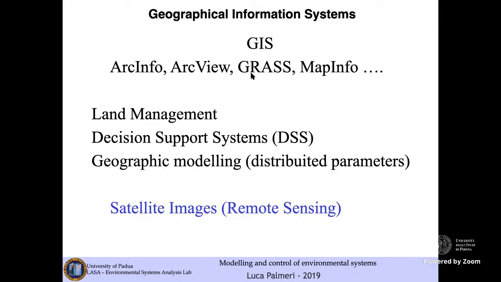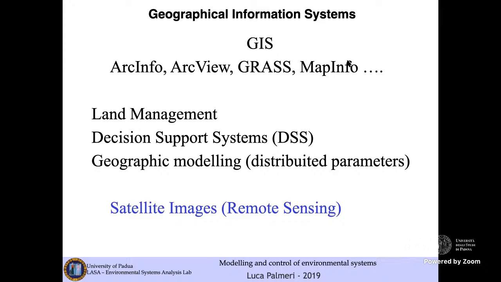And in particular, the application we are going to look at today is geographic modeling, that in our language may be defined as distributed parameters modeling. Distributed means that the parameters depend on space and time. So different values of the parameters describe different places.